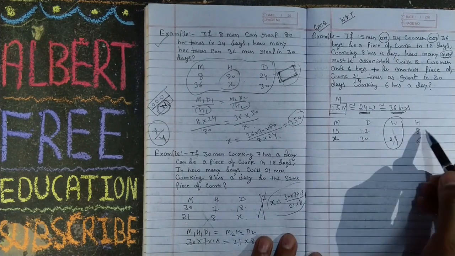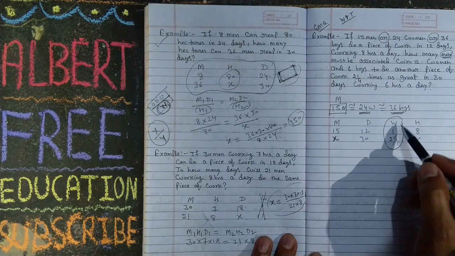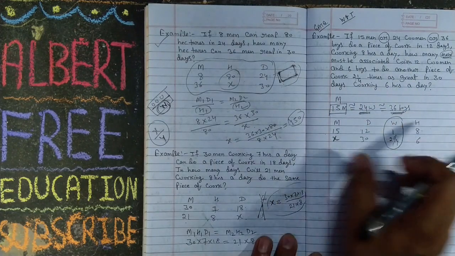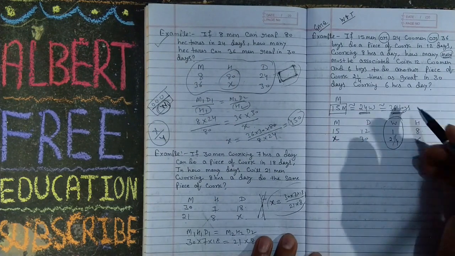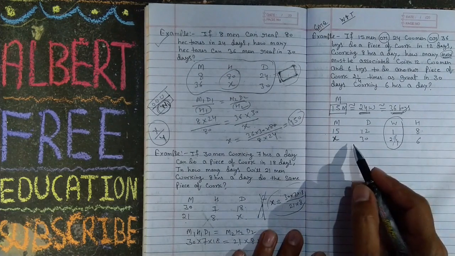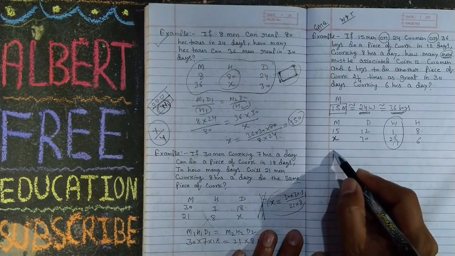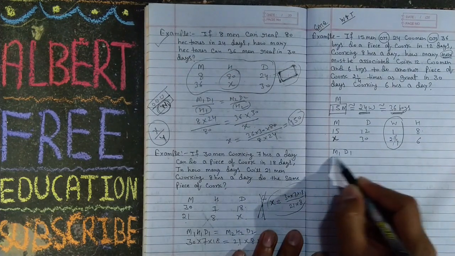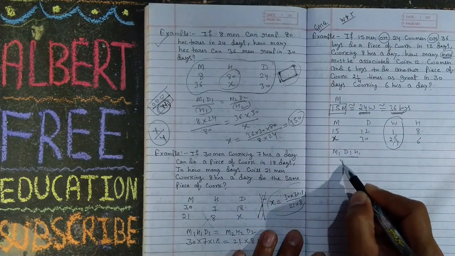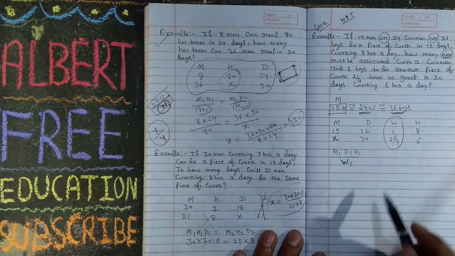All these people depend on this work, so that is the weightage for this question, because this data totally depends on this work. So your answer will be M1 D1 H1 upon W1. I think you understand.